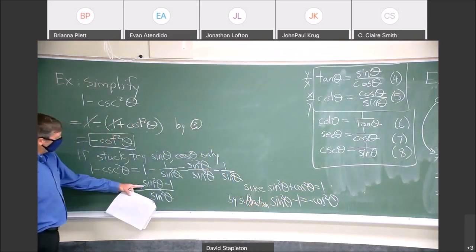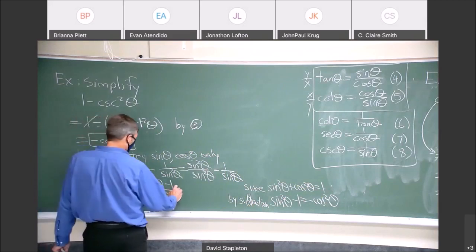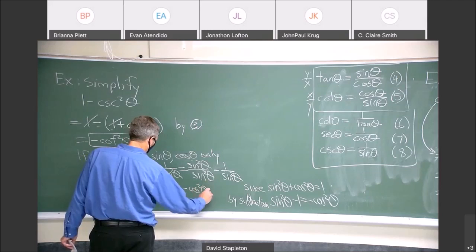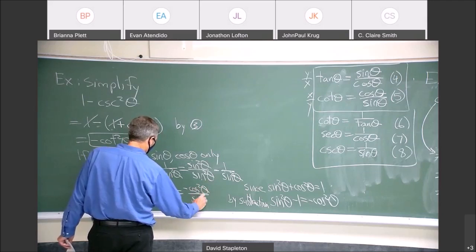Makes me realize the top I can replace with minus cosine squared. And now maybe you see it.